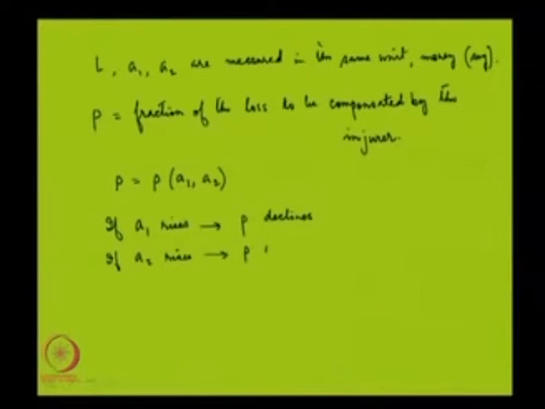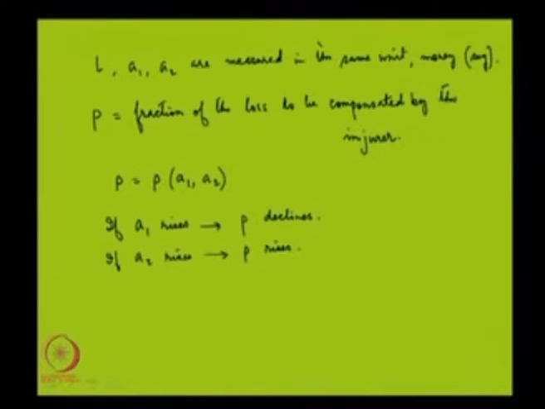It appeals to logic that as A2 rises, the victim should be compensated more, because he is not responsible. That is why rho should rise. So, this is more or less the story.